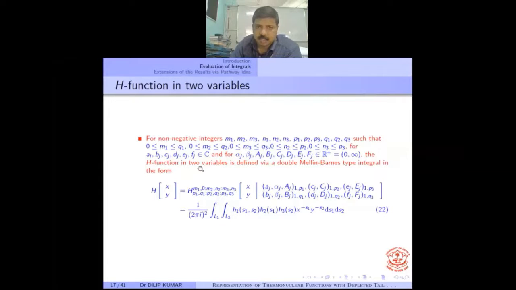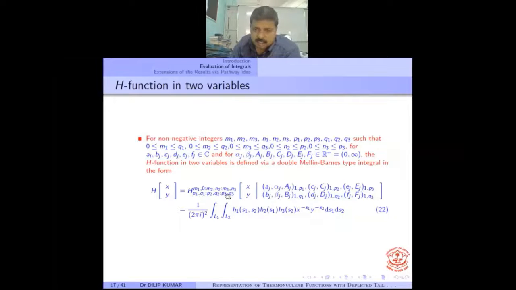For non-negative integers m1, m2, m3, n1, n2, n3, p1, p2, p3, q1, q2, q3, we have these conditions. These are all real positives. These are complex numbers. This expression is a similar version of the H function in one variable, with a little difference.